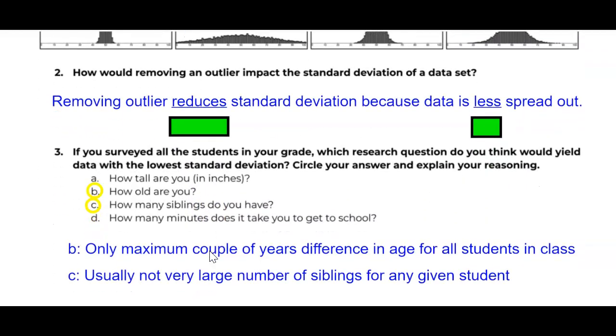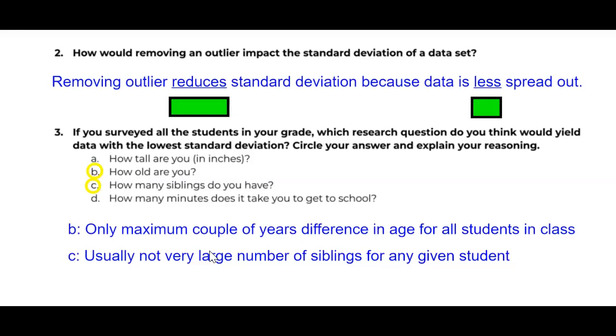Okay, so if we were to survey all the students in your grade, whether you're 12th grade or 11th grade, doesn't matter, which research question do you think would yield the data with the lowest standard deviation? You can write down these correct answers if you wish right now, but let's examine each one. How tall are you in inches?